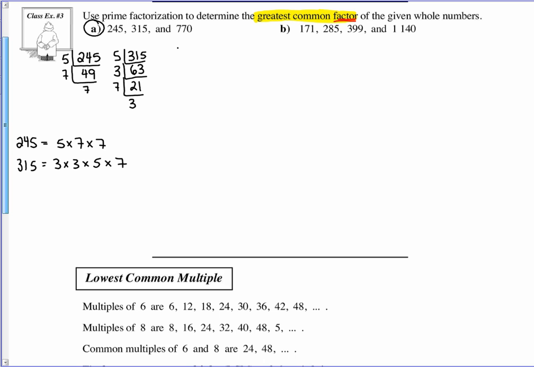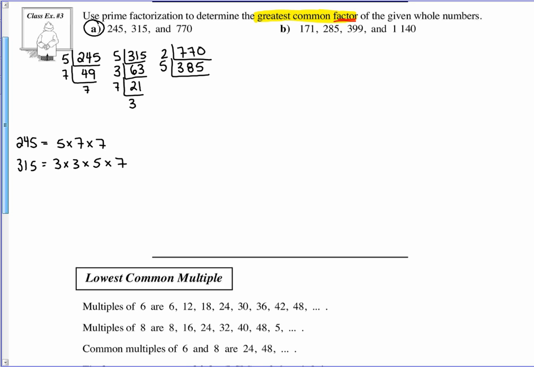Okay, 770. Divide by 10. Nope, 10's not prime. We can do 2. 385. 2 won't go into that. 5, sure.